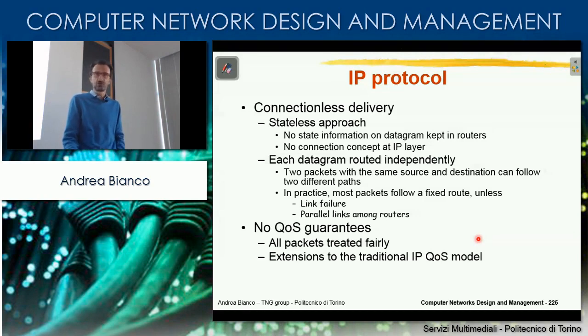The routing algorithms and protocols used in the internet today write in the routing tables of the routers only one path per destination. So as long as you don't change this information, every packet that reaches this node will be sent the same way, unless there are failures. If there are failures, you recompute the path, and of course the situation changes.